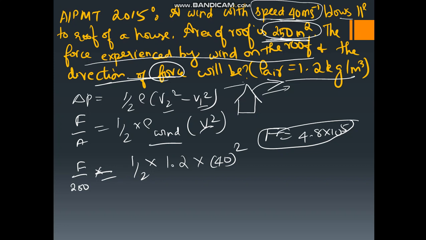Because of the pressure difference inside the house and outside the house, the force is acting upward and the roof is blown up. So the direction of force is upward. Due to the pressure difference between the inside of the house and outside of the house, the force is acting upward and the roof is blown off. This happens many times in storm cases.